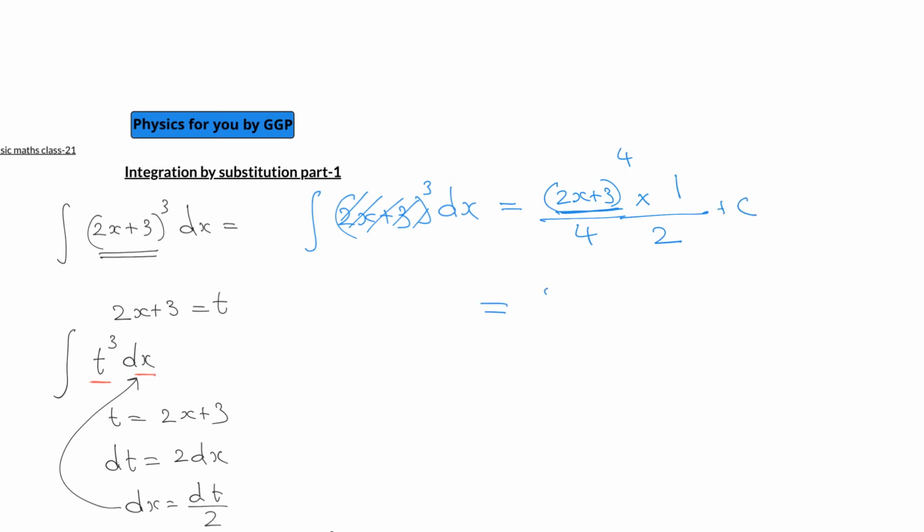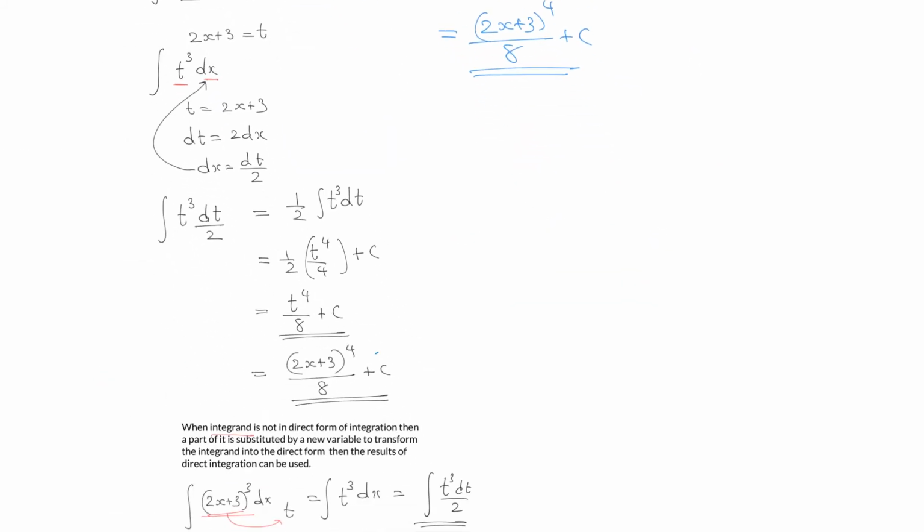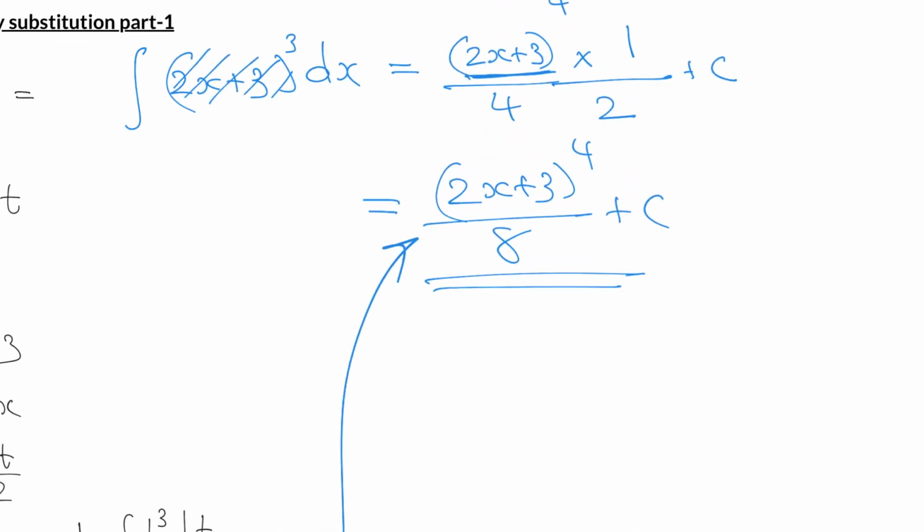So you'll get the answer as nothing but (2x plus 3) raised to 4 divided by 8 plus constant of integration c. So we can directly get this result. Got it? But just remember that we can apply this only if it is a linear function. That means the power of x should be equal to 1. It cannot be any value other than 1.